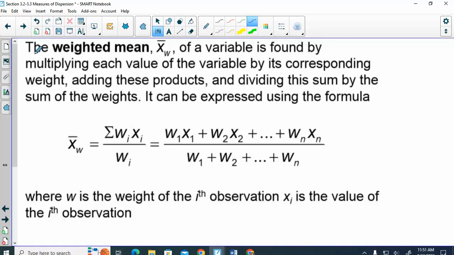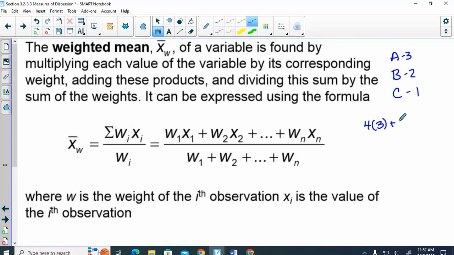So basically what you have to do is take your value times its weight. We add those together and divide by all the weights. So if I'm looking at your grades and you had 3 A's, 2 B's, and 1 C, and you wanted to know your GPA. How much is an A worth?